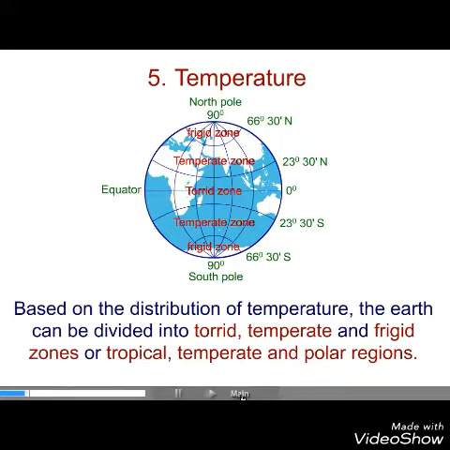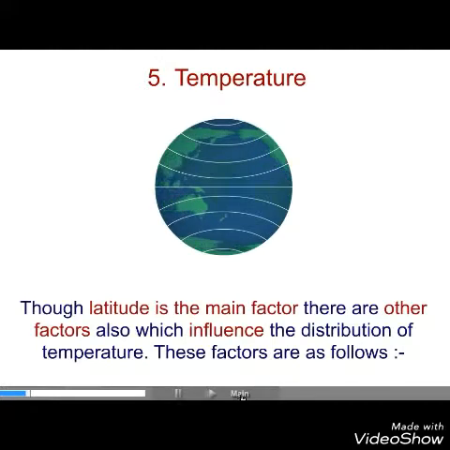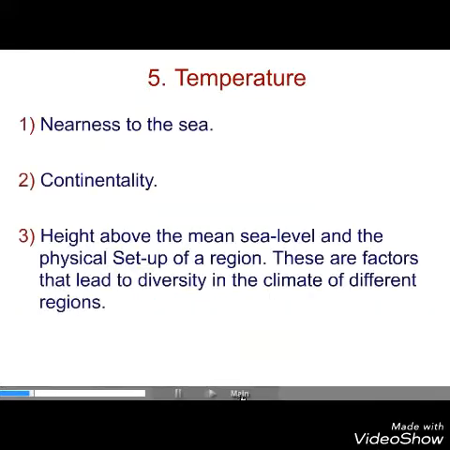Though latitude is the main factor, there are other factors also which influence the distribution of temperature. These factors are as follows. First, nearness to the sea. Second, continentality. Third, height above the mean sea level and the physical setup of a region.